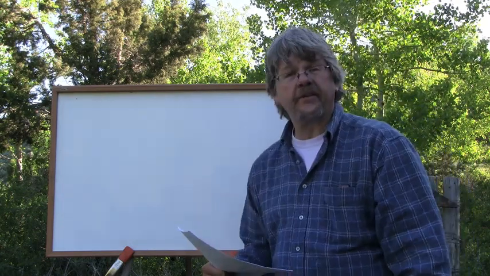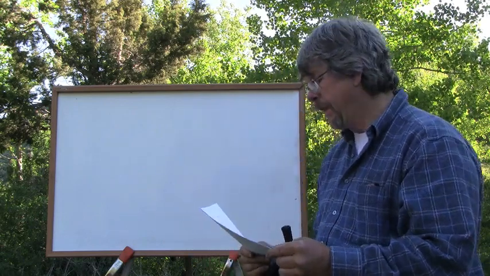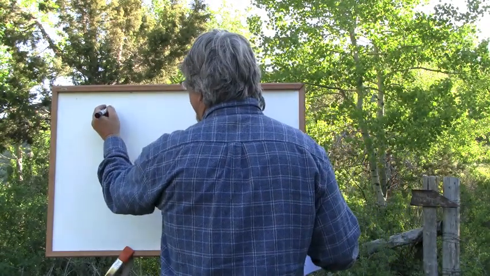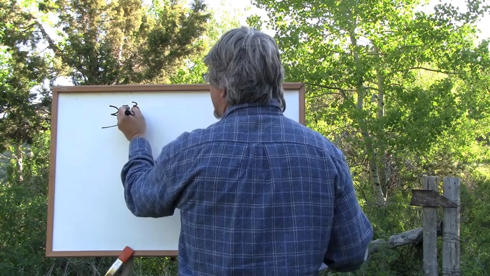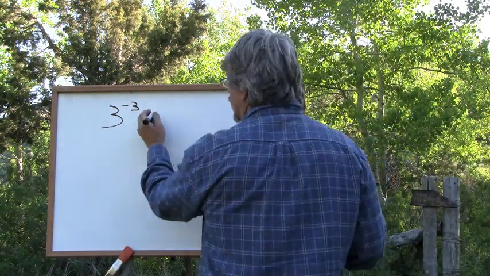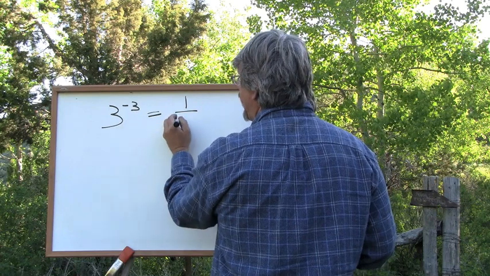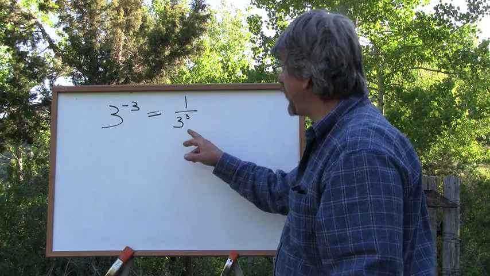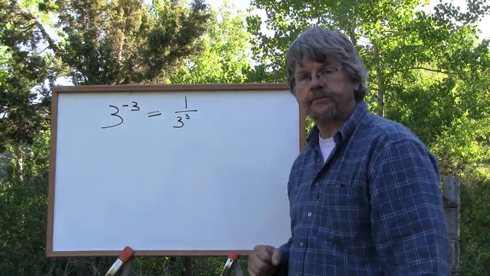Okay, what about negative exponents? I believe I've got negative exponents in here. No, I don't, but I know what they're about. A negative exponent, 3 to the negative 3, let's say. This is equivalent to 1 over 3 to the 3rd. You put the 3 to the 3rd in the denominator, and drop the negative sign.